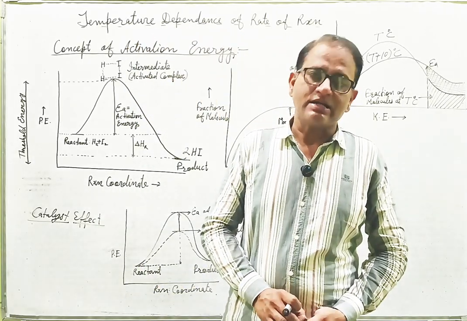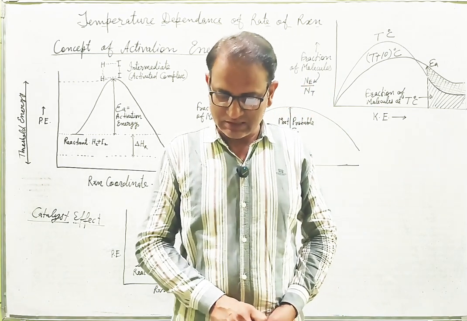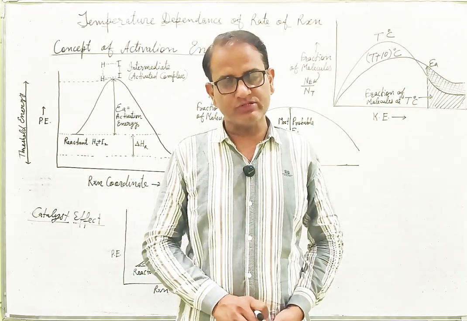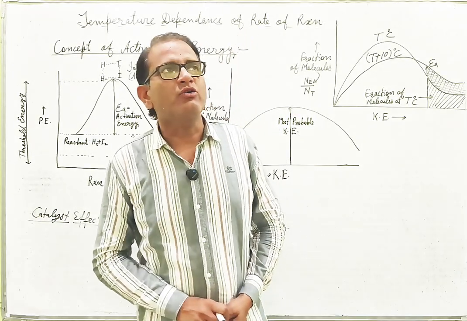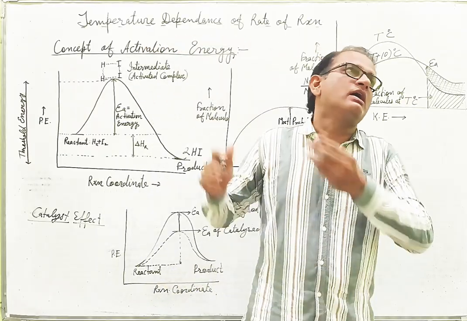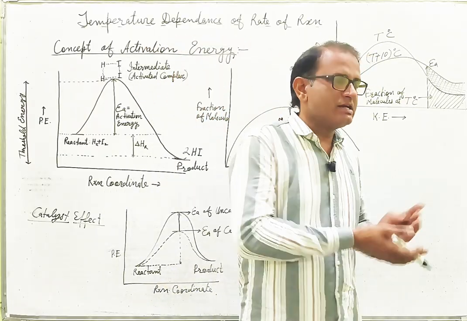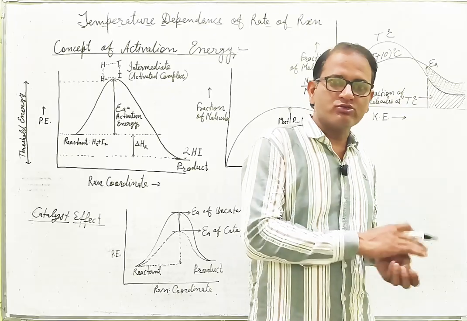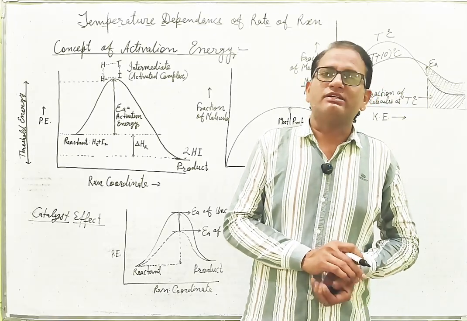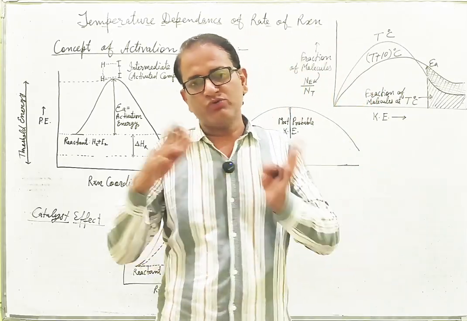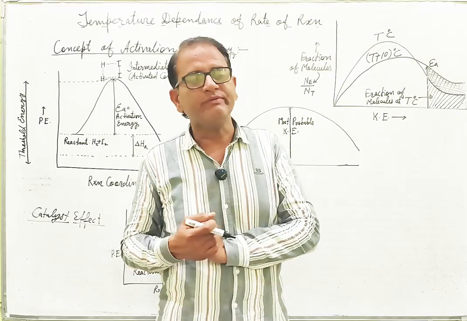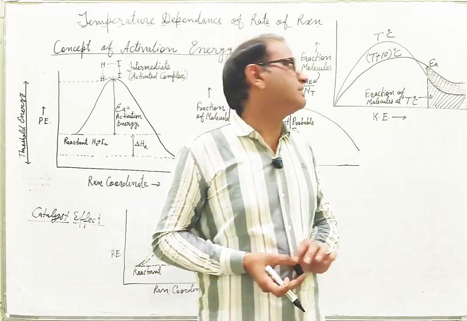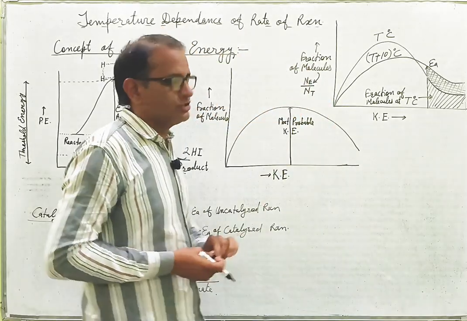They used statistics to predict the behavior of molecules, that is, how many molecules get sufficient kinetic energy to convert into product, and they used the term fraction of molecules.